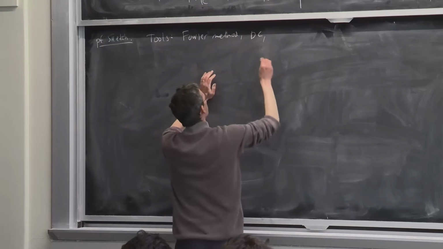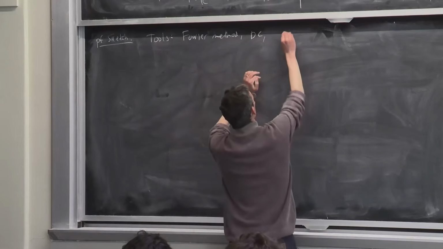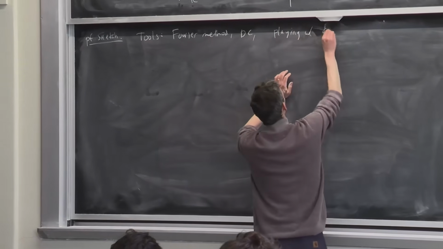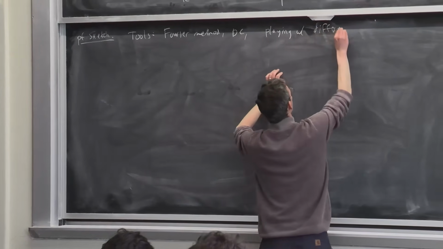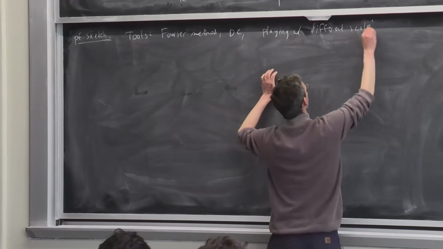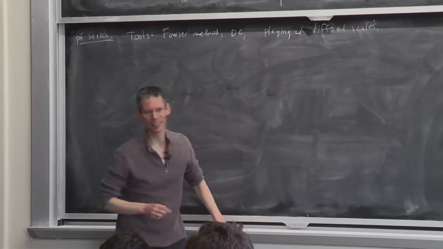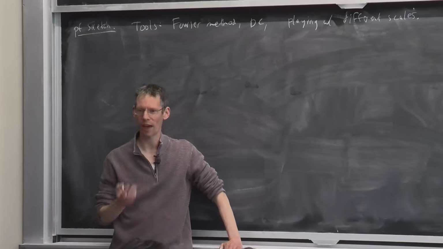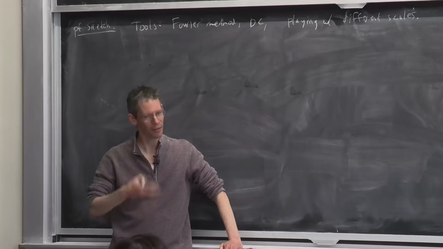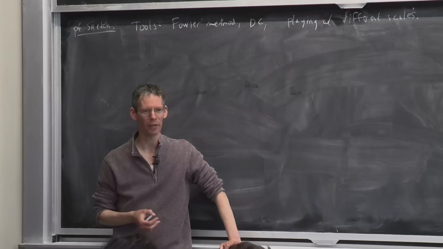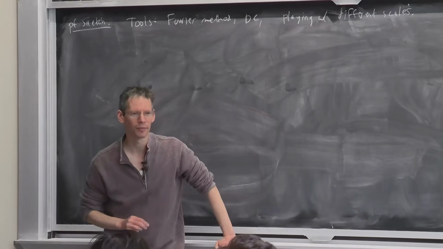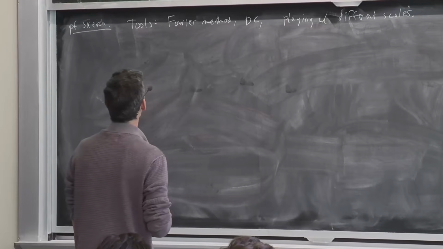There's double counting. And then there's, I guess I'll call this, playing with different scales. The theme of this last class is playing with different scales, which is a simple sounding and old idea, which nevertheless people recently have found a lot of new ways of doing it.